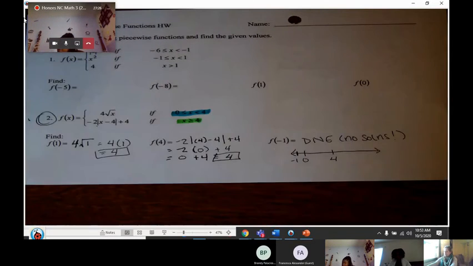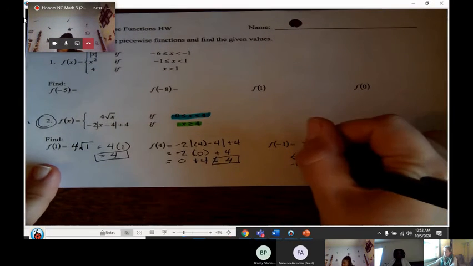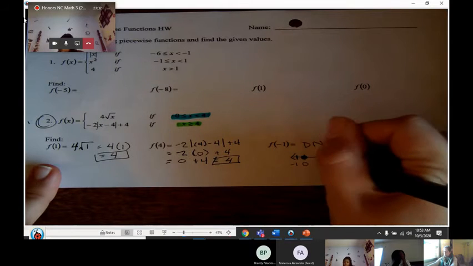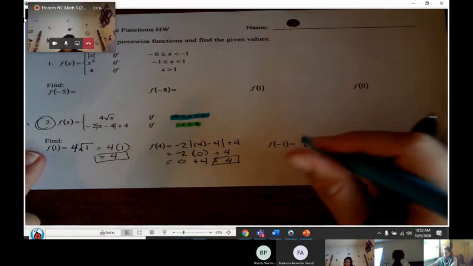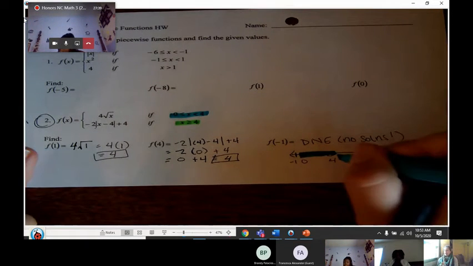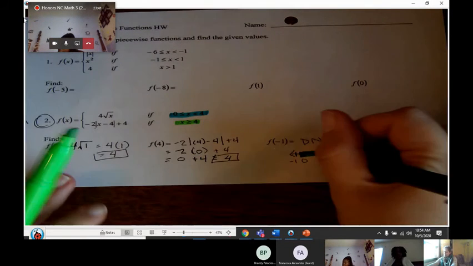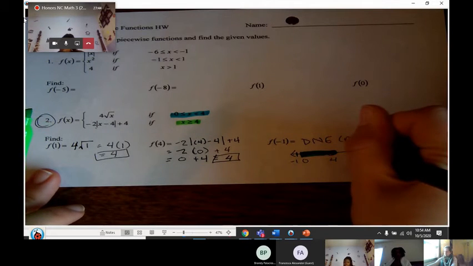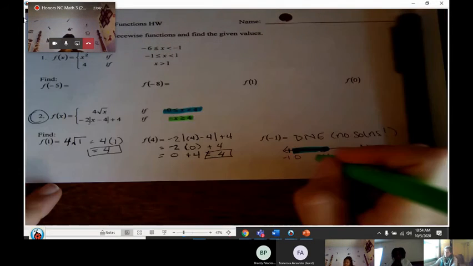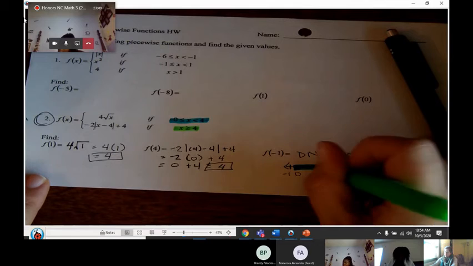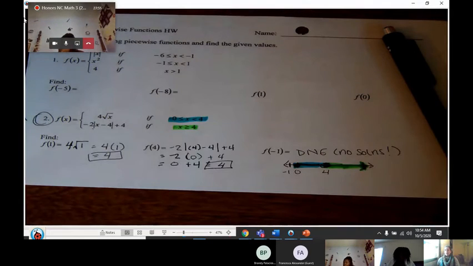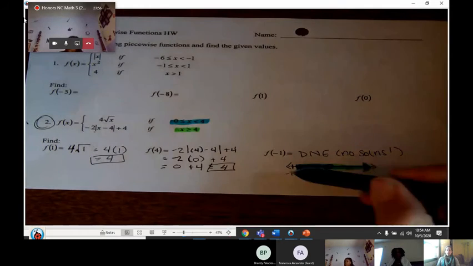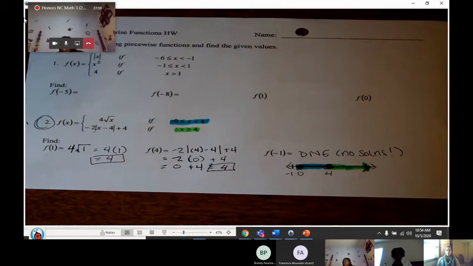Zero to 4, the blue part, has a closed circle on 0, an open circle on 4, and it's all this stuff in between. And then the green part has a closed circle at 4 and then goes all the way to infinity. This green part is that stuff. Okay, but -1 is not in the blue or the green section and never will be. Does that help? Got it.